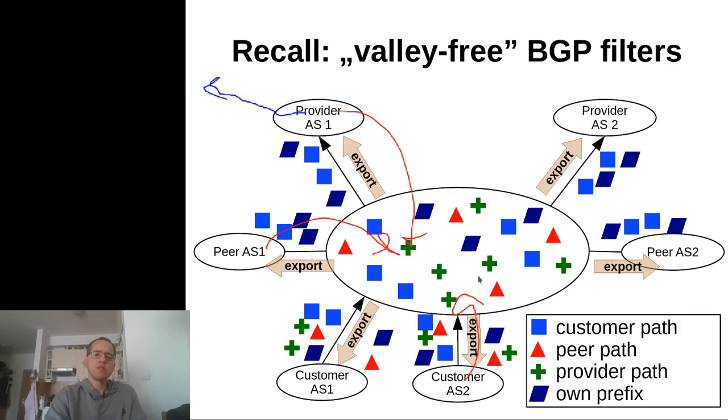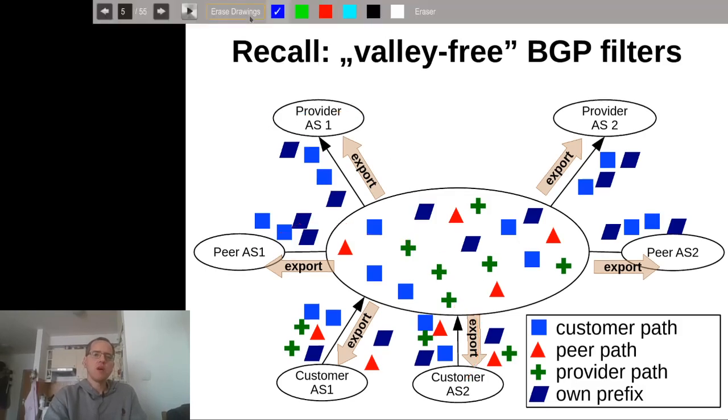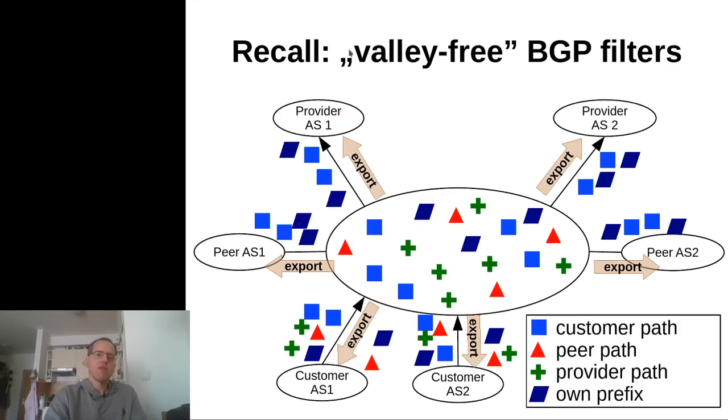So this is the type of BGP RIB that we have in our autonomous system. And then we have all the announcements tagged by a simple label that describes the type of AS business relationship through which we receive this announcement.